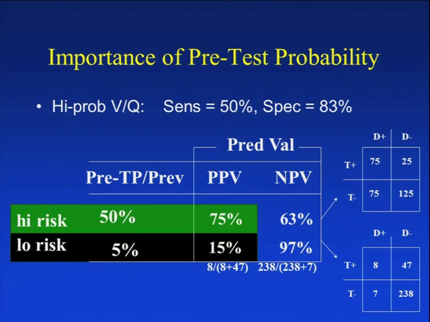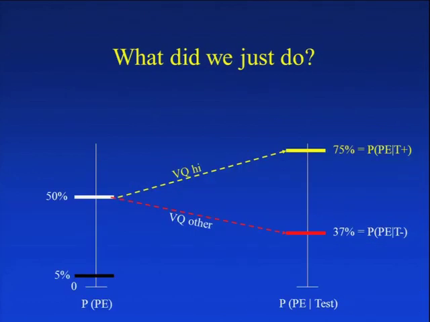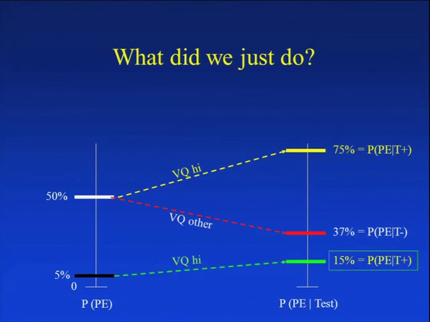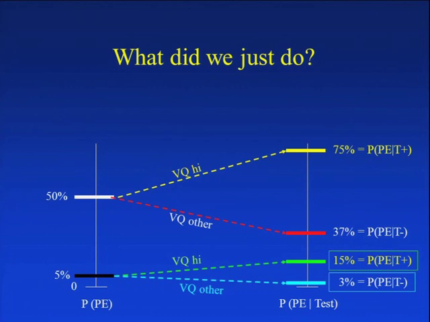But because of the numbers and the way things assort, and because of the test characteristics, which are reasonably fixed for a wide range of pre-test probabilities, you are much more likely to have a false positive with a positive test than a true positive. And so your positive predictive value is only 15%. So while here with 50% you went up to 75 and down to 37, with 5%, you only go up to 15% with a positive test, and you go down to 3%.